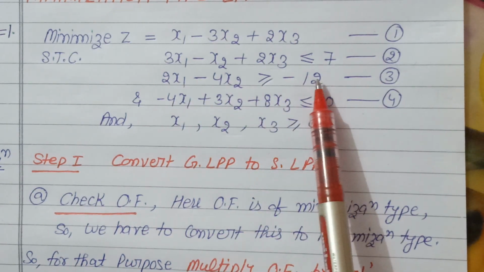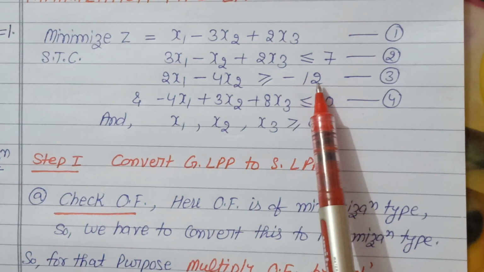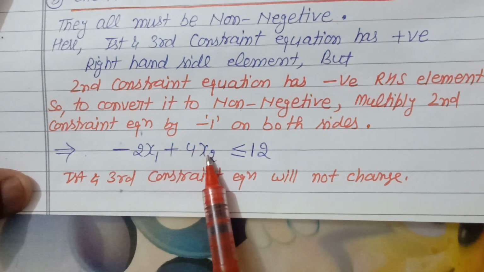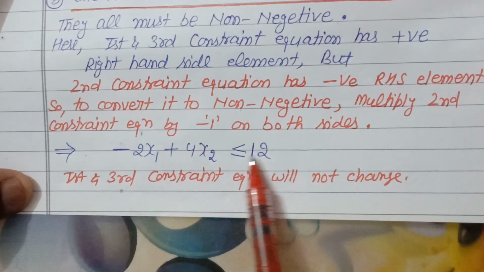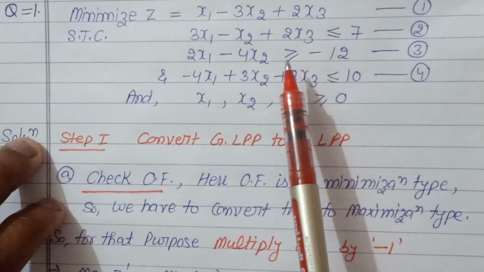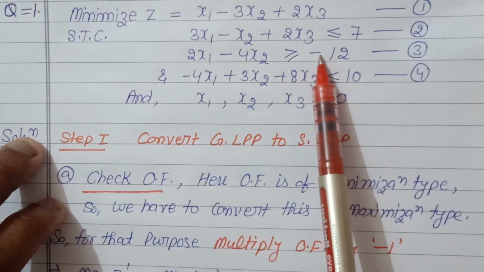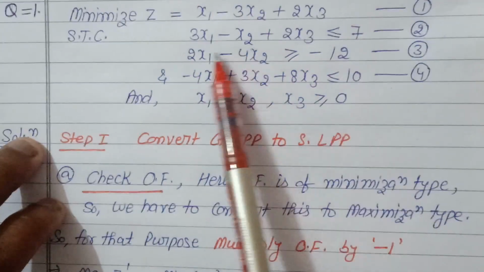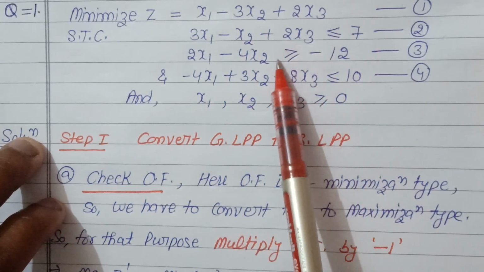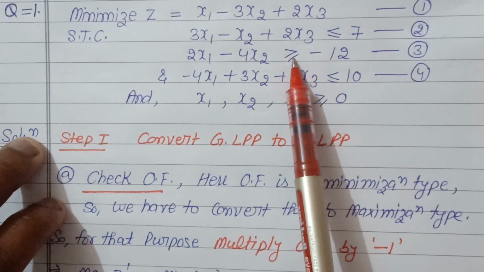If we multiply this equation by -1, then the new equation will be -2x1 plus 4x2 less than or equal to 12, as there will be two changes. The first change is that all these values will become of opposite sign, and the inequality will be converted to less than or equal to type.